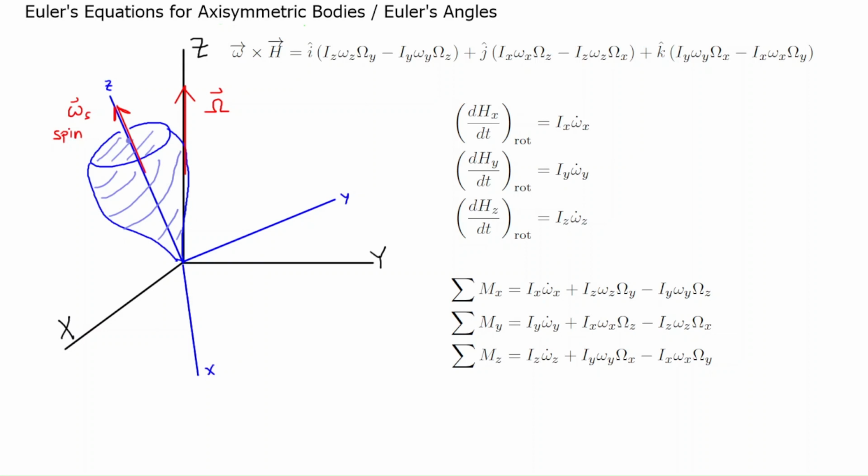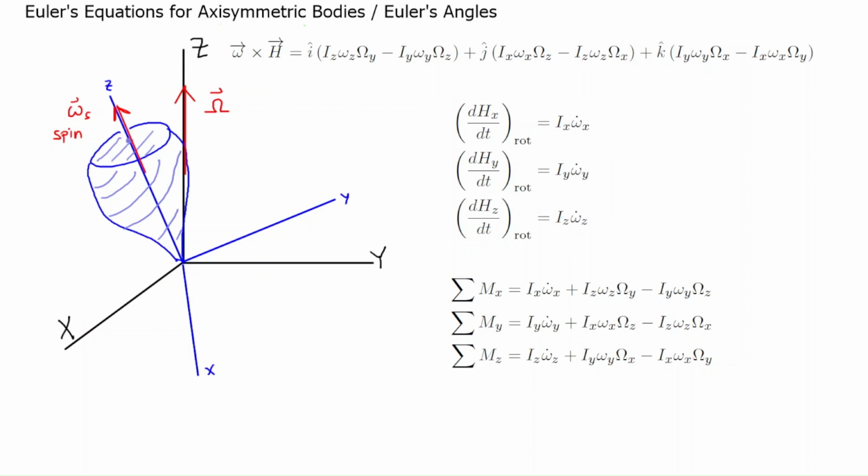The capital omegas there are, of course, the rotation of the reference frame in the fixed capital frame. And if you set capital omega equal to lowercase omega here, you actually get back to the standard Euler equations.